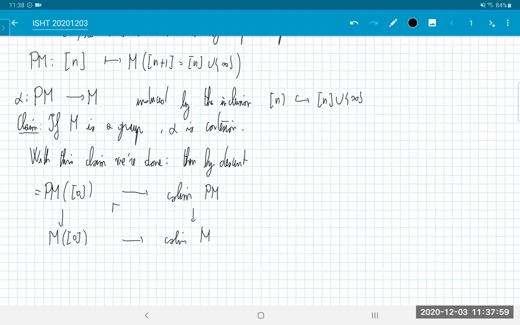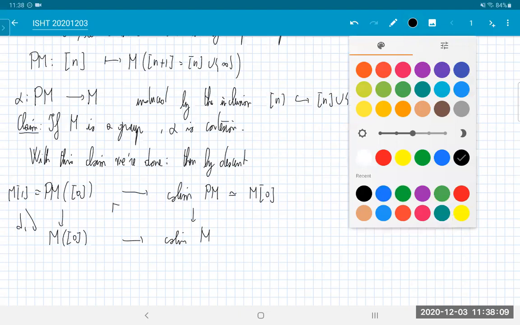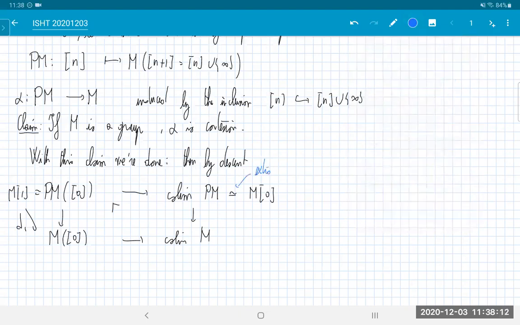And now this is M1, and this map is exactly D1, if I'm not mistaken. And by the lemma, the extra degeneracy argument, this is M0, and if you unwrap this, it should be exactly D0. And this is BM. And that's the property we needed. So we just need to prove that alpha is Cartesian.